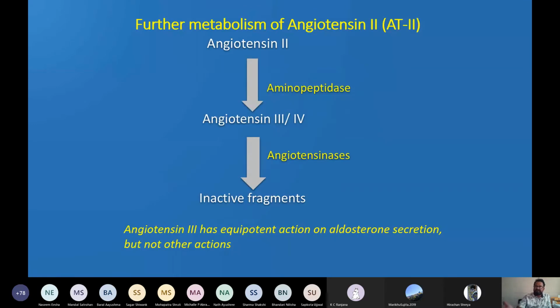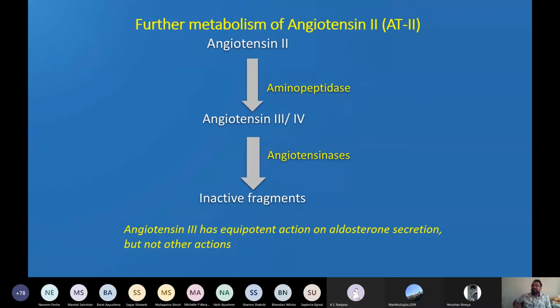So further metabolism, not very important from a pharmacological point of view, but further metabolism of angiotensin 2 is there, angiotensin 3 and 4. Okay, angiotensin 3 is not as active as angiotensin 2 as a vasoconstrictor, but it has some properties of angiotensin 2. For example, one of the properties of angiotensin 2 is it is an aldosterone secretion enhancer. And angiotensin 3 also does the same thing.